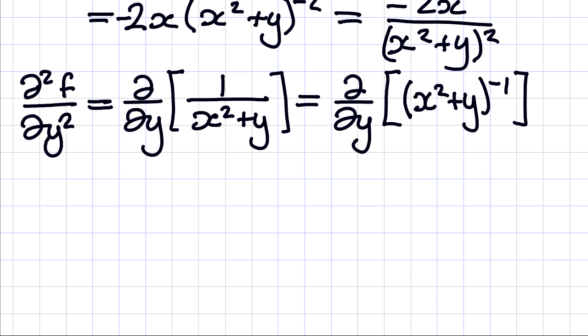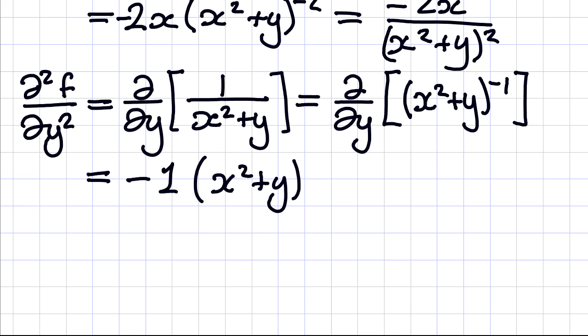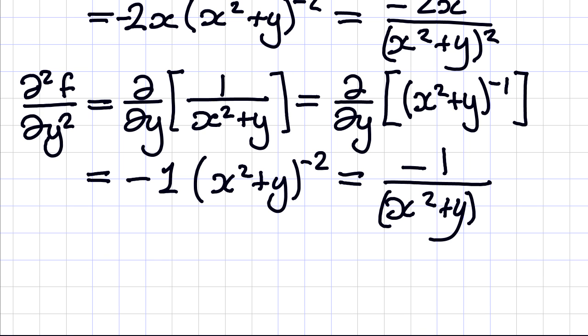Now I can differentiate this very easily. I bring down the power, subtract 1 from the power, to get minus 2, and then multiply by the derivative of the argument x squared plus y with respect to y, which is just 1. So tidying that up, I get minus 1 over x squared plus y, all squared.